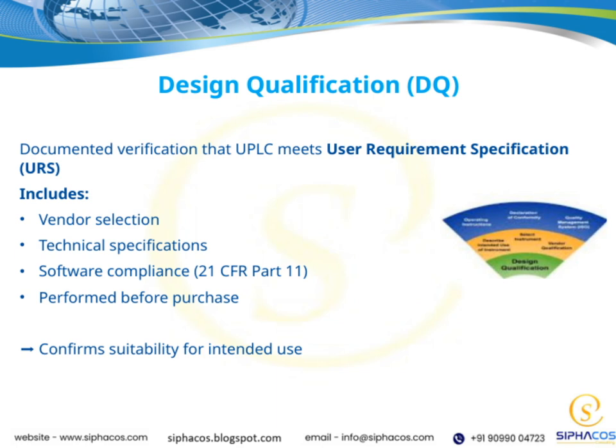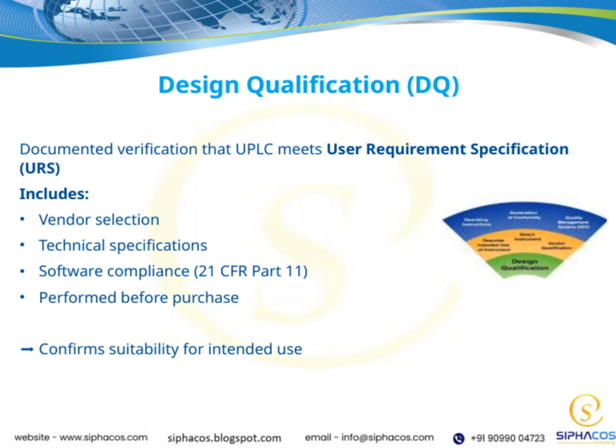Choosing the right vendor is crucial because it impacts the quality and reliability of the equipment. Next, we look at the technical specifications to confirm that the system's capabilities match the requirements. Another important aspect is software compliance, specifically with 21 CFR Part 11, which sets the standards for electronic records and signatures.